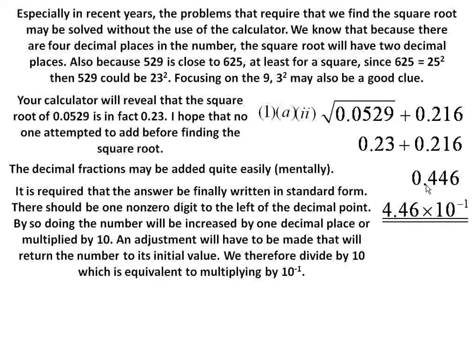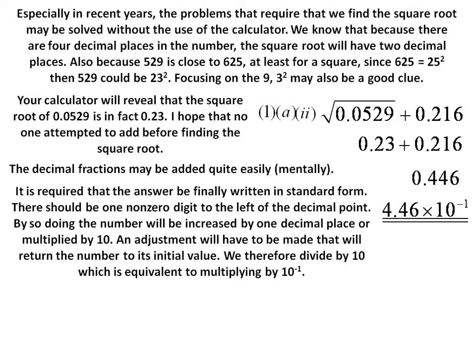Now we have this number 0.446. To write this in standard form requires that the decimal point will be here instead of here. By so doing, it means that we will be multiplying or increasing the number by 1 place of decimal. So we are increasing its value by 1 place of decimal, which is the same thing as multiplying by 10.